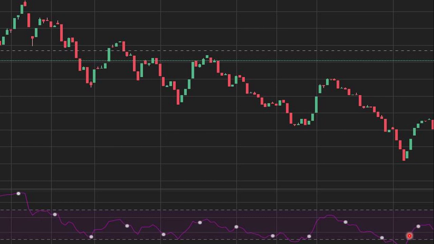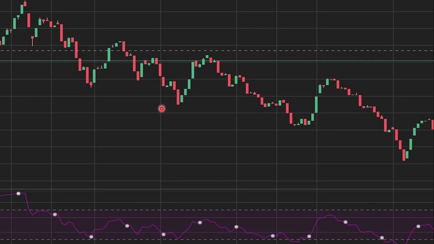When this line crosses the 50 line, it shows us the price is in an overbought zone. You can see the price doesn't reach the 70 line.